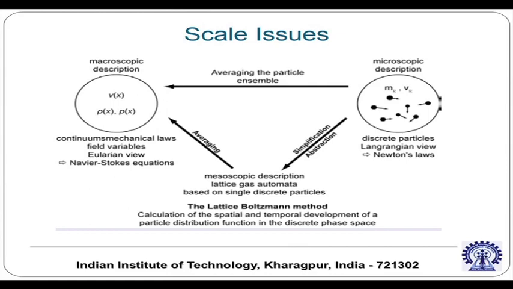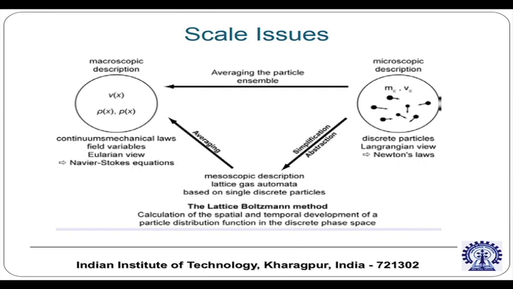So if you have a description of a system, you can have a microscopic description. A microscopic description essentially means you have discrete particles which you can analyze from a Lagrangian viewpoint. That is what is commonly used in molecular dynamics.